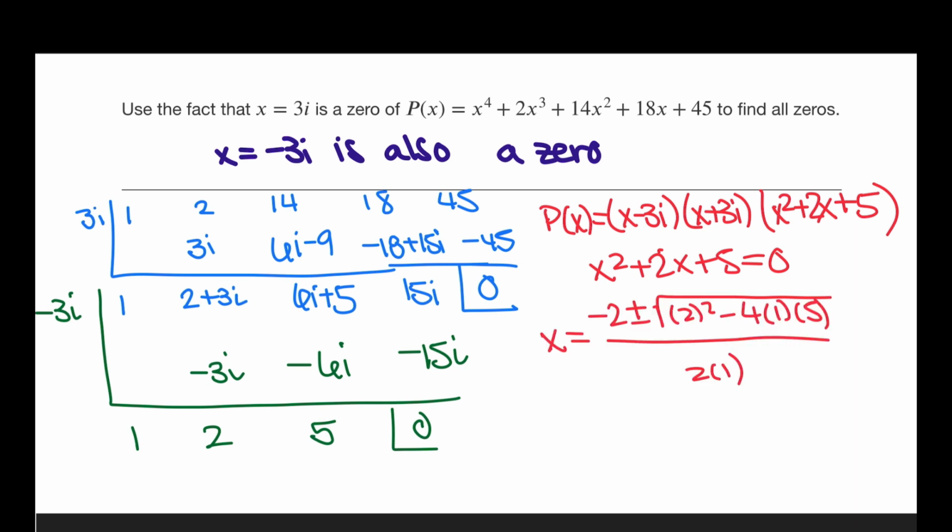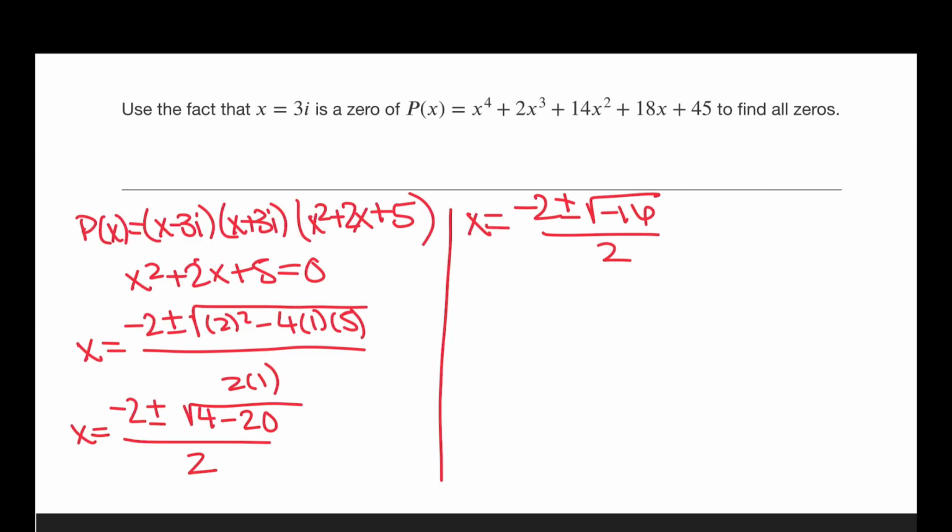So we'll take negative b plus or minus the square root of b squared minus 4ac all over 2a. That becomes negative 2 plus or minus the square root of 2 squared minus 4 times 1 times 5 all over 2 times 1. Or negative 2 plus or minus the square root of 4 minus 20 all over 2.